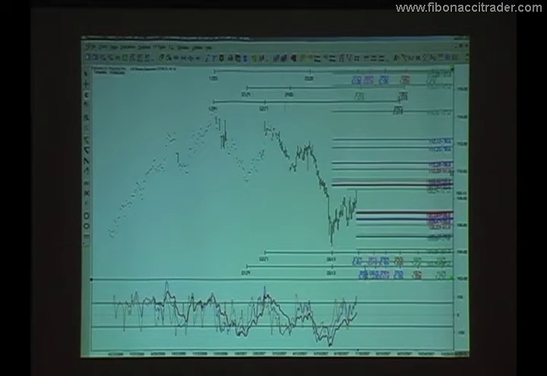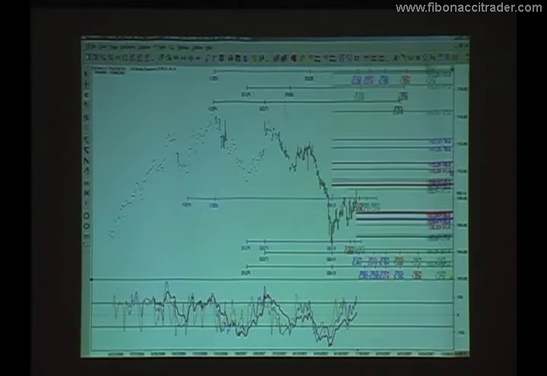Now, what you do with the 3-point tool, we're rallying now, right? So with the 3-point tool, you take prior rallies, low to high, and project from the new low. Here's another one. Low to high, project from the new low.